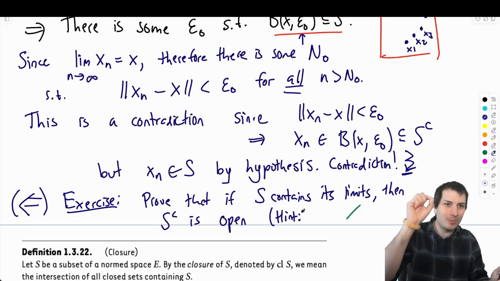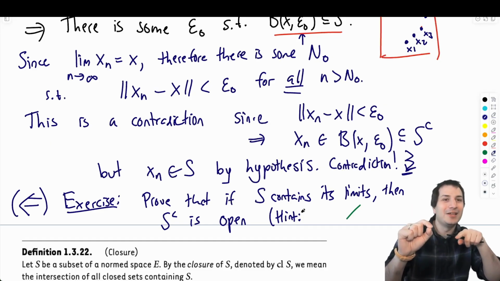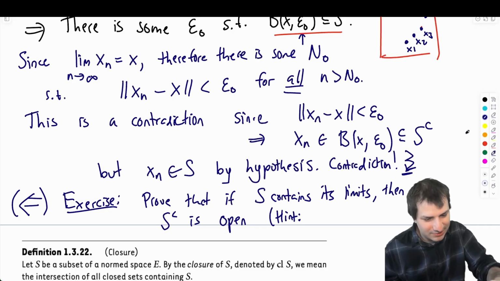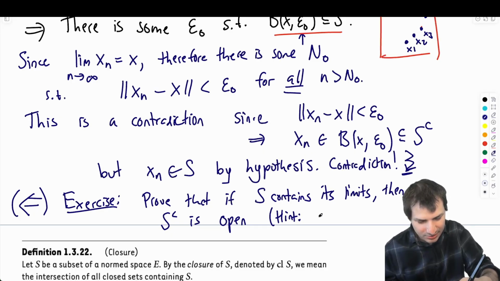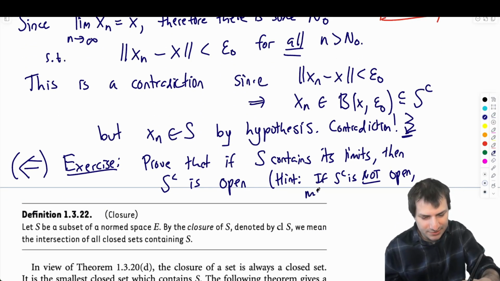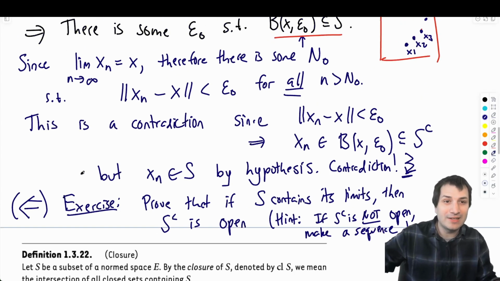Well, then there'd be a point where there's no epsilon that works, and then you would make a sequence out of that. That's a really good exercise. Hint: if S complement is not open, what happens? Make a sequence. Okay, fantastic exercise. So this will be an exercise. Okay, that is open and closed.